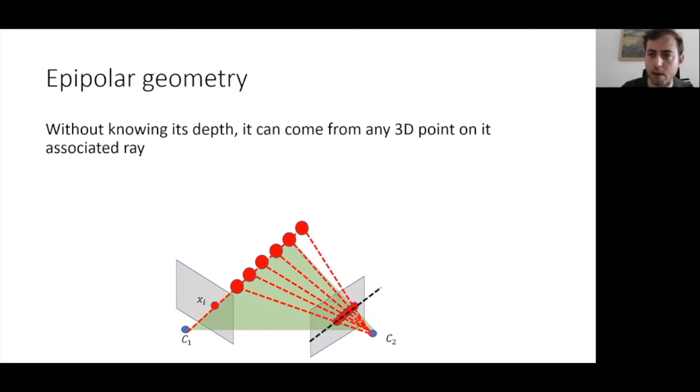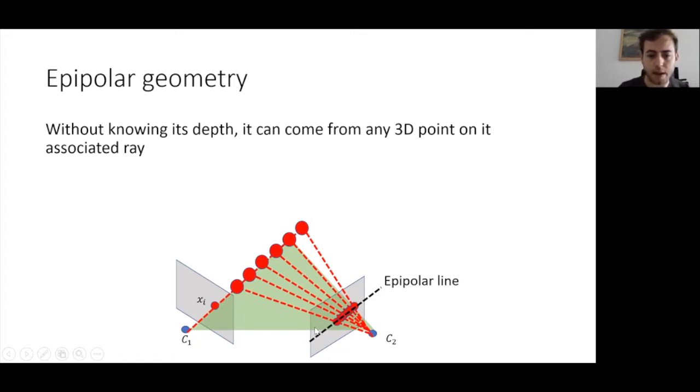But all these possible 2D points are on one line, which is called an epipolar line. So basically, it's the projection of the 3D line that passes through the center of camera 1 and the pixel, going into the 3D world. The projection of this 3D line is the epipolar line.